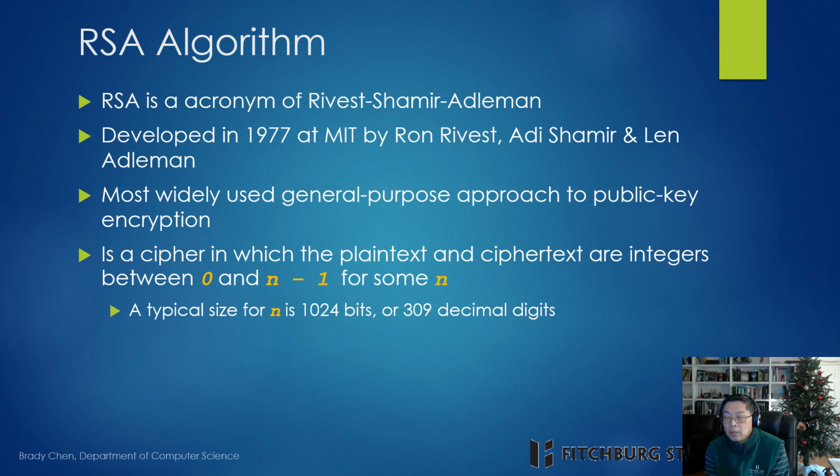So now the typical size is 1024 bits for a binary number, or equivalently, about 309 decimal digits. Now think about this number. It's a huge number, more than 300 decimal digits. It's likely that the size of the number is going to increase as computers become more and more powerful.